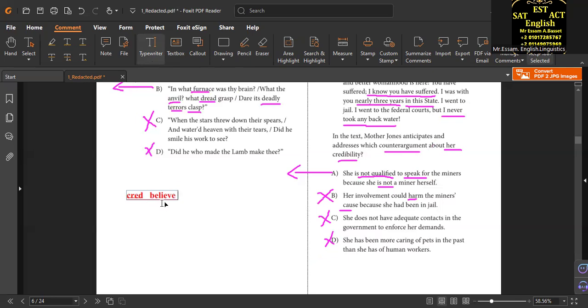This means you believe something, you trust something. You feel it? So she mentioned her credibility, but mentioned the opposite. That's why she is not qualified, or she didn't live with them long enough to know more about them. That's why.